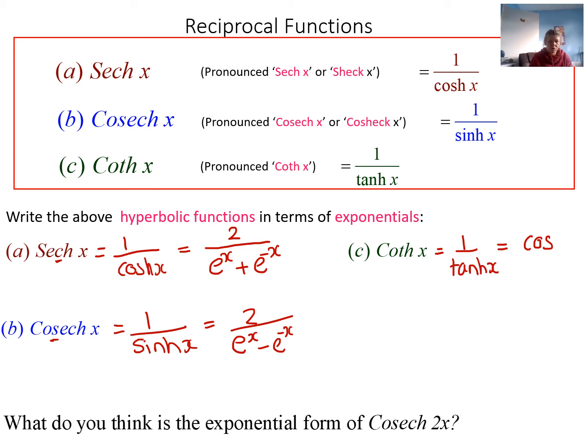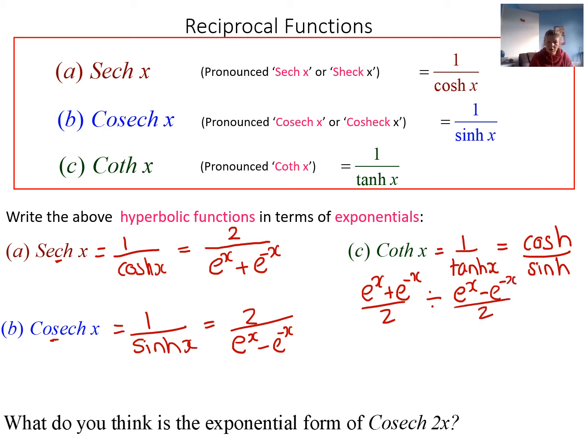So yes, it's cosh over sinh, isn't it? So writing that one down, that's cosh divided by sinh, which is e to the x minus e to the minus x.